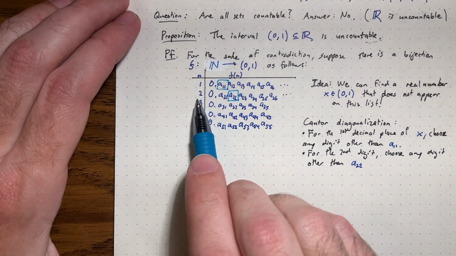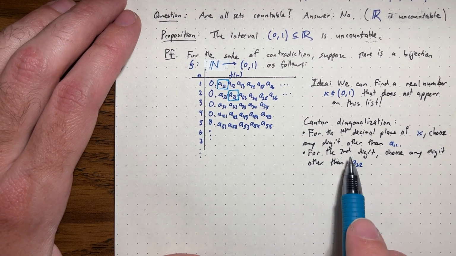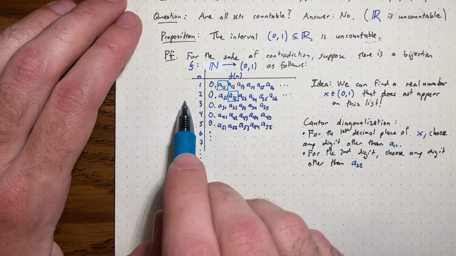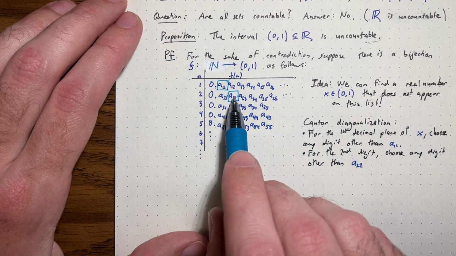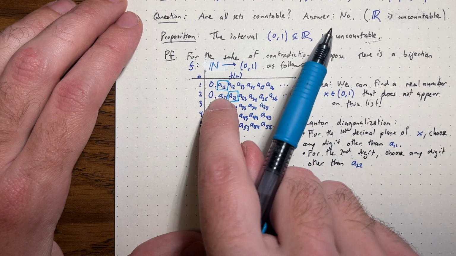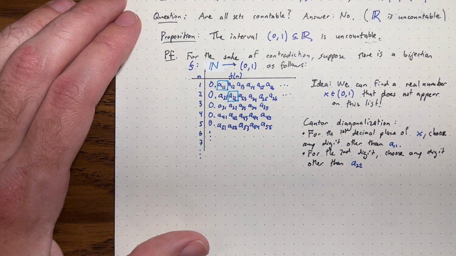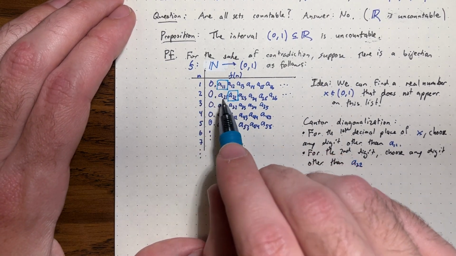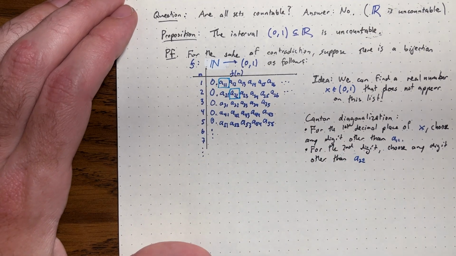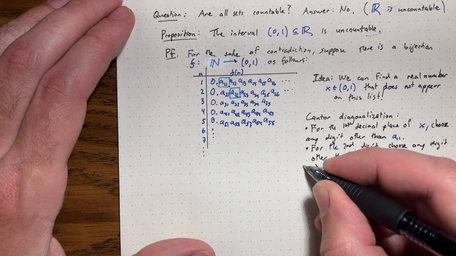I look at my second number to choose a second digit of x, and I alter its second decimal place. Maybe its first decimal place will match x, but I know its second one won't. So essentially, that's the idea, and you keep choosing in this manner, etc.